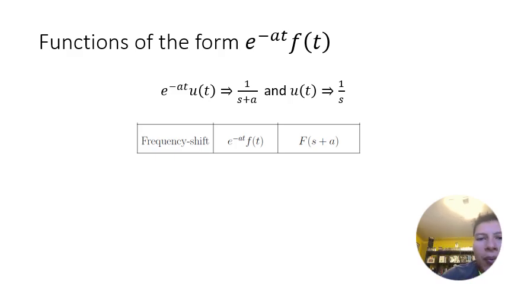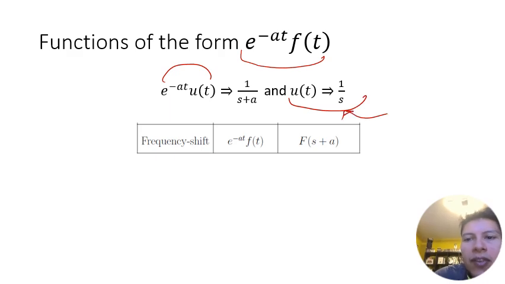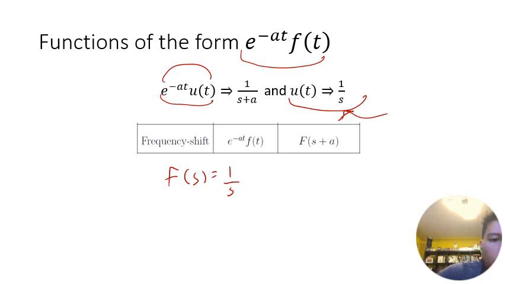Now, this is another way we could have done this particular Laplace transform. So in our very first slides we derived this. We could have said by the frequency shift that f of s equals 1 over s for u of t.